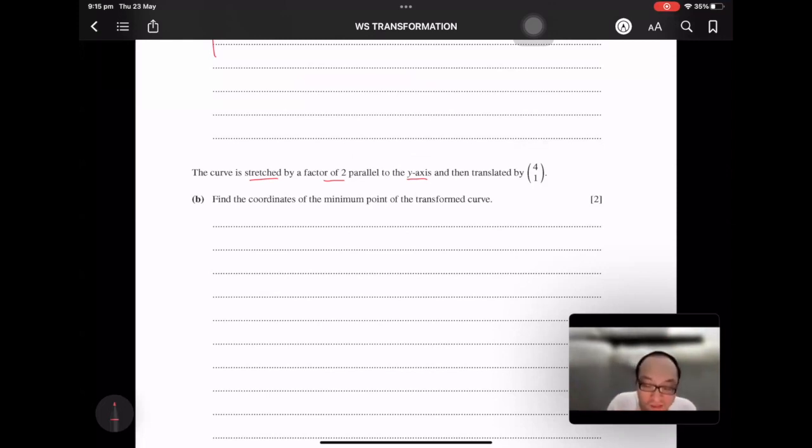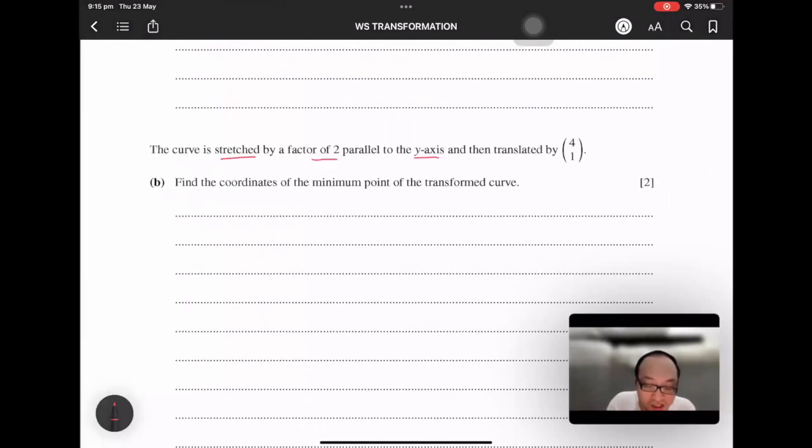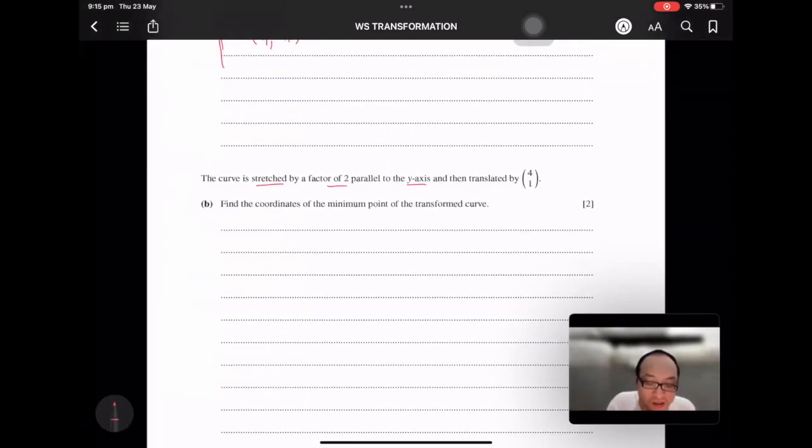So we do a vertical stretch by scale factor 2. So f(x) will become 2f(x) when it is stretched vertically by scale factor 2.